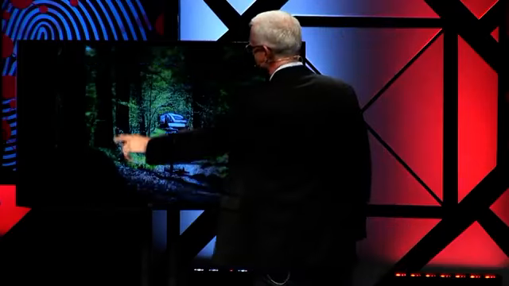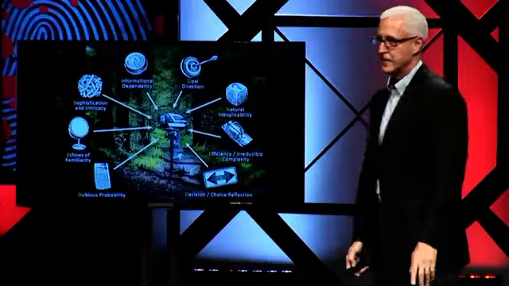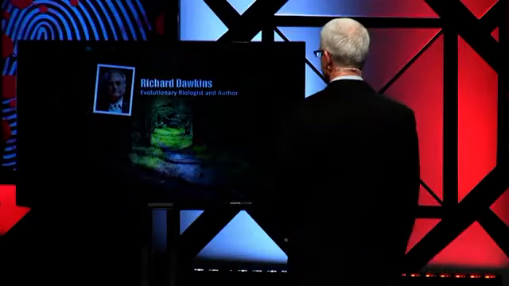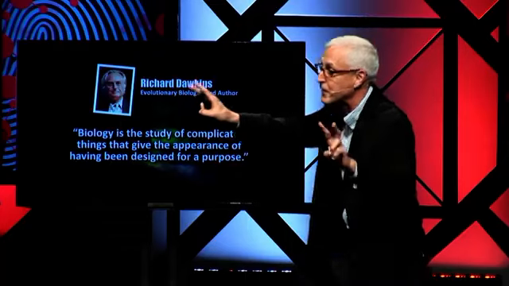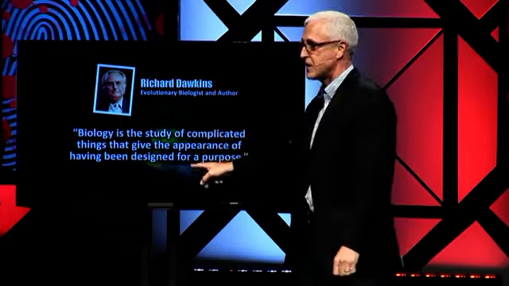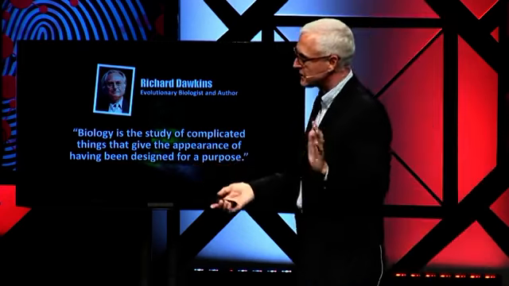Because there are a number of attributes which you assign to it. It turns out biology is filled with molecular machines just like this. And this is why the famous atheist Richard Dawkins says that biology is the study of complicated things that give the appearance of having been designed for a purpose.